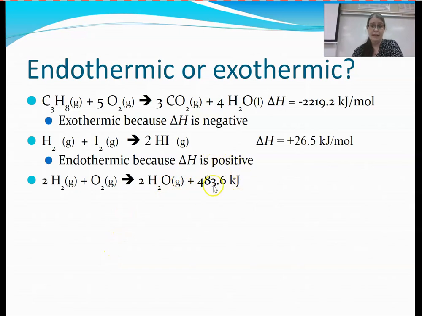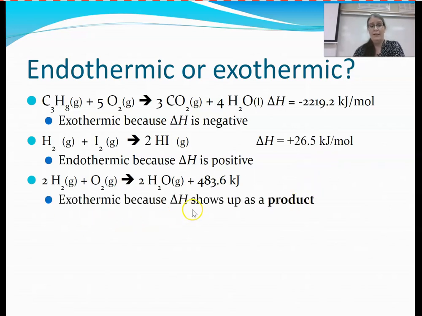In this case, I see that the kilojoules are on the product side, so they must be exiting like the product exits the reaction. So if energy is exiting, you can hear it in the word, that is exothermic. When energy is a product, that is an exothermic equation.